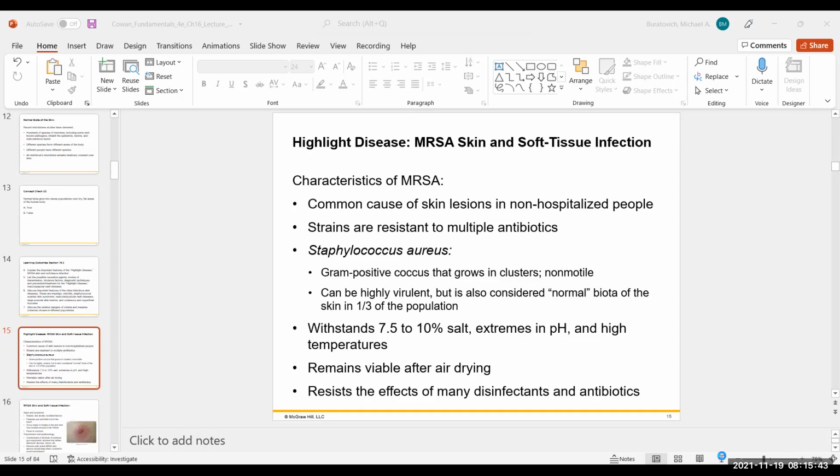All right, now if staph invades the subcutaneous layer, the layer of fat underneath the dermis, then you have an infection called cellulitis. With cellulitis, usually you get a layer of red on the skin, but the borders are very poorly defined.